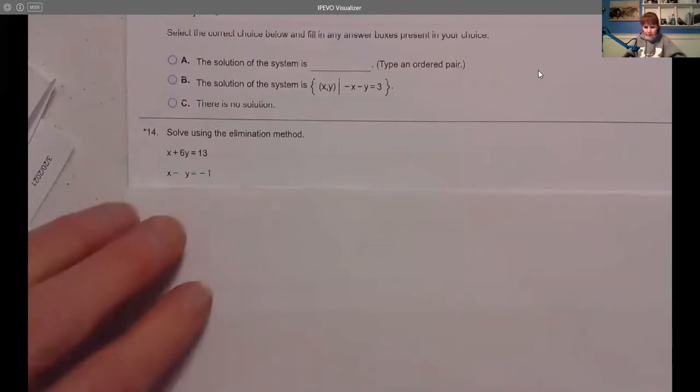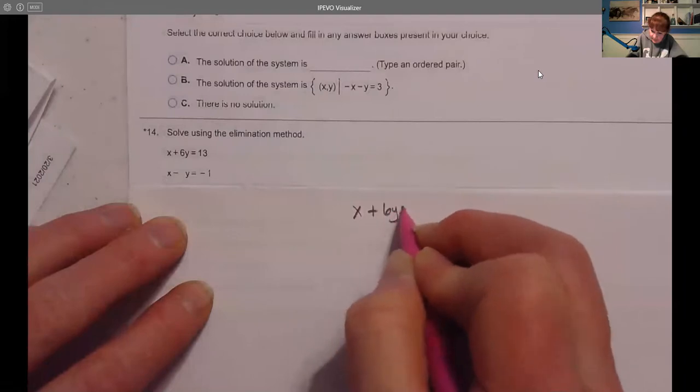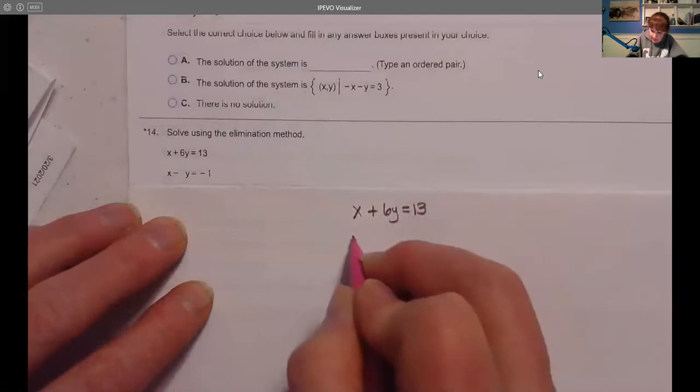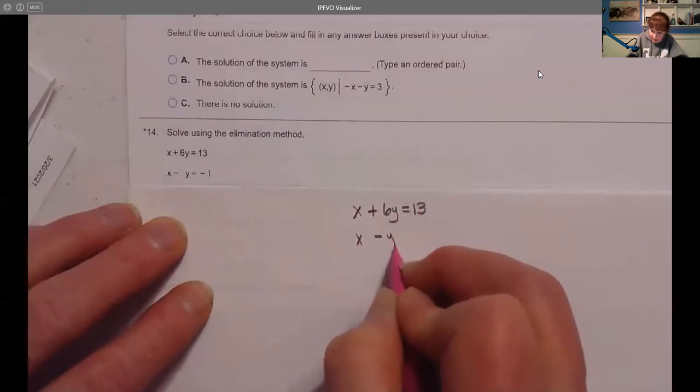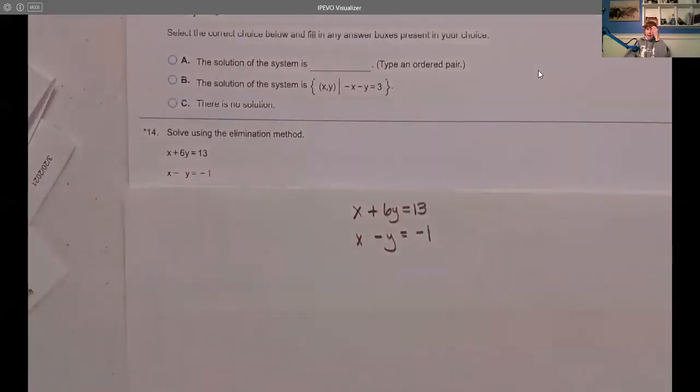So here we've got x. And here we have x minus y. Okay, you're going to have to decide if you want the x's to drop out or the y's. Looking at this, I think I'm going to have the x's drop out because they're equal, but they're not opposite. How do you make them opposite?